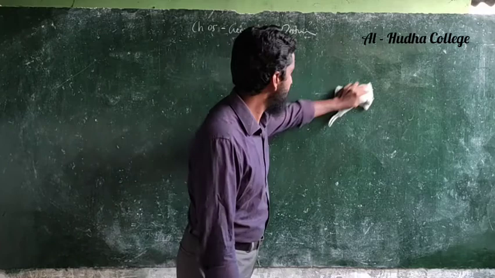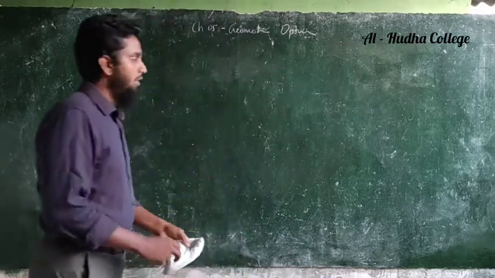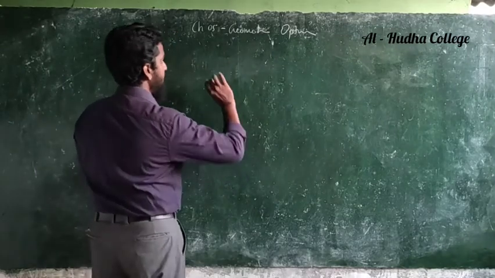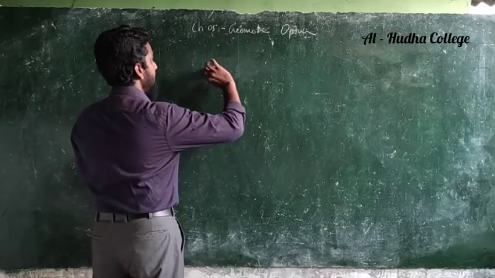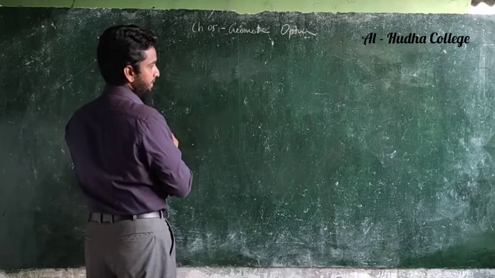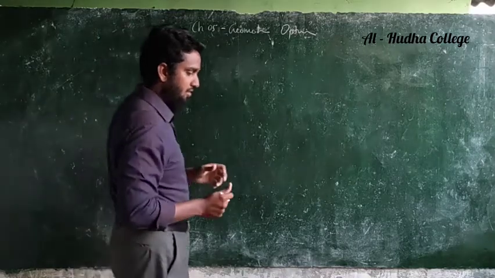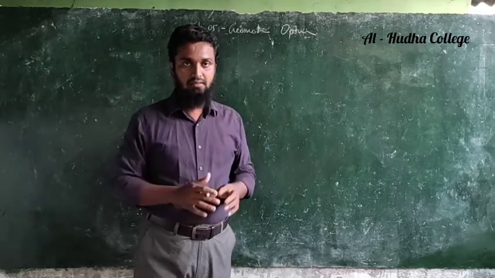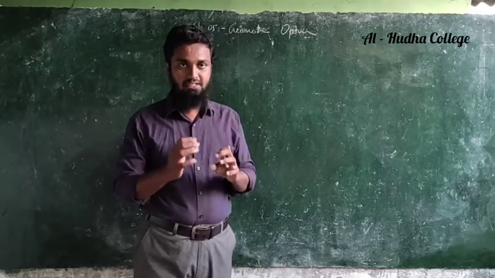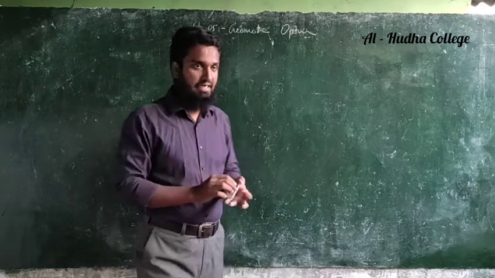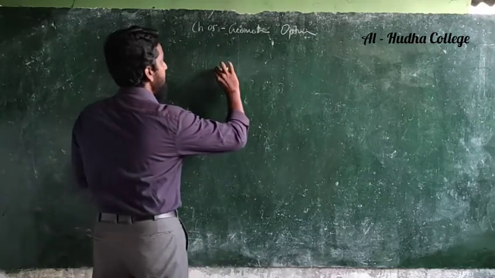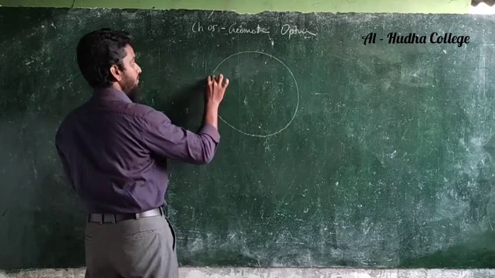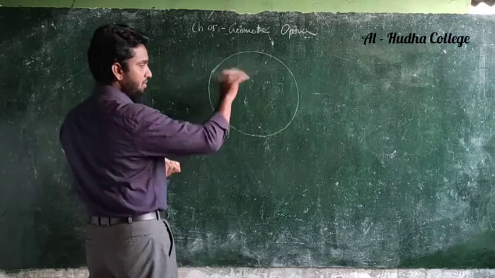First of all, we are going to introduce what a curved surface is, and which curved surfaces we are going to consider. Just think about a spherical glass, a plain transparent glass which is spherical. I'll draw it like this. This is not a circle.